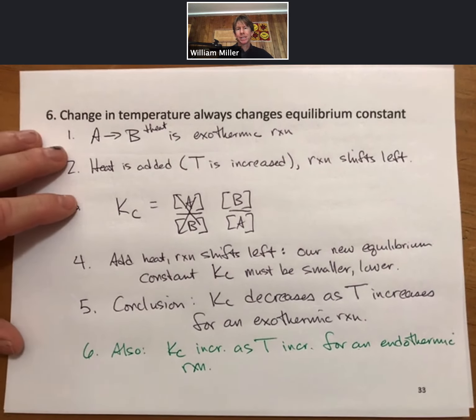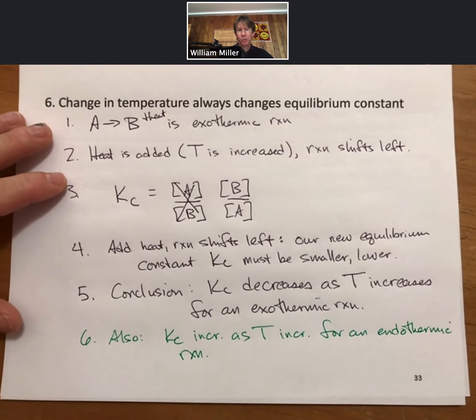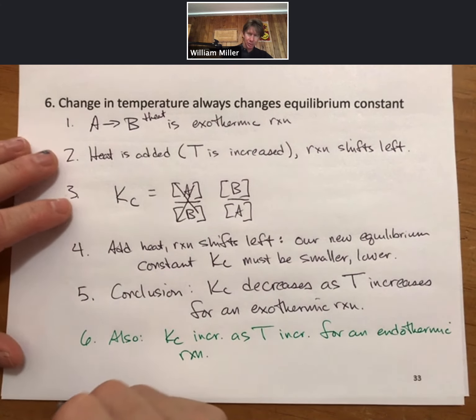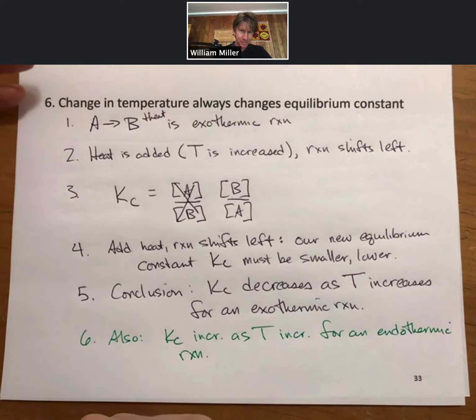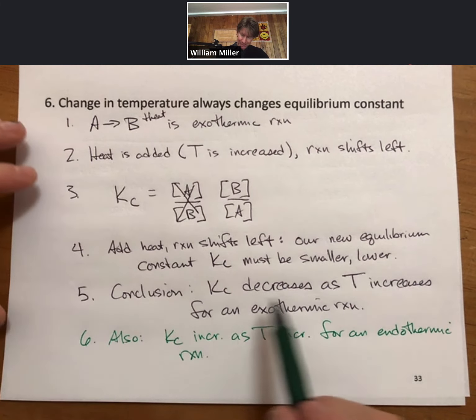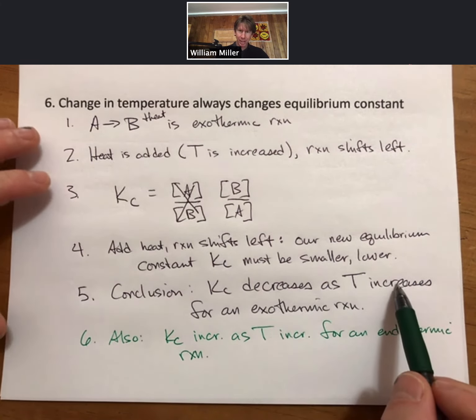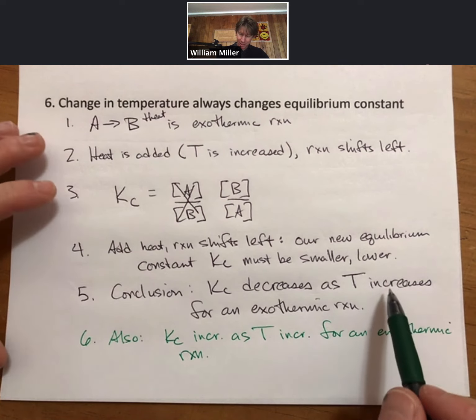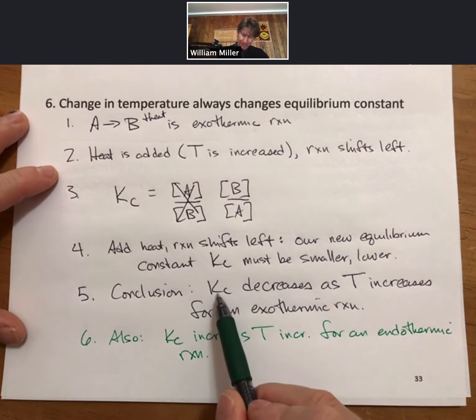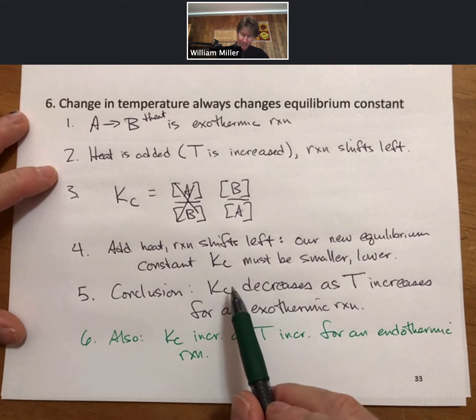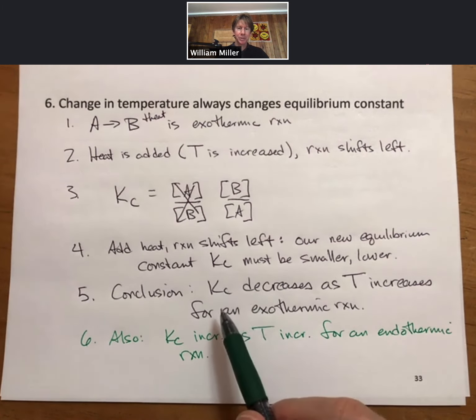Now, the point of this is that if you want a reaction to go faster, you will increase the temperature. That's what kinetics said. If you want a reaction to produce more products, and if it's an exothermic reaction, which most reactions that we're interested in are, you are going to get less product as temperature increases.